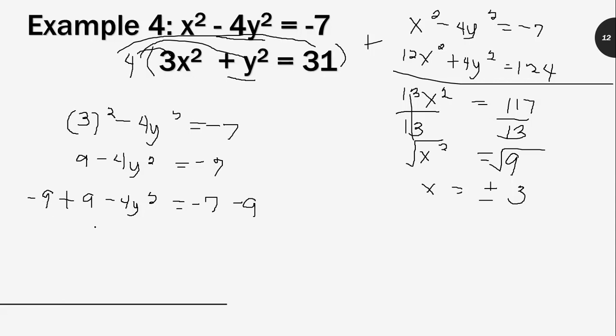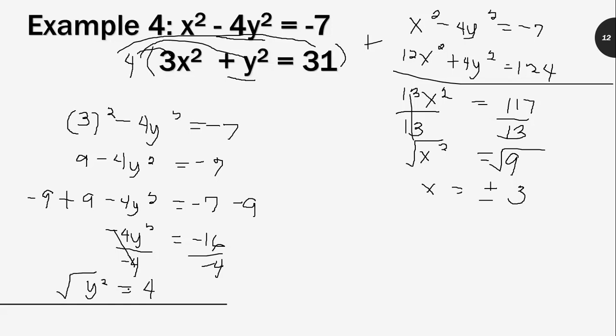Negative 9 plus 9, 0. So matitira po is negative 4y squared is equals to negative 7 minus 9. We got negative 16 and divide both side by negative 4. Y squared is equals to positive 4.